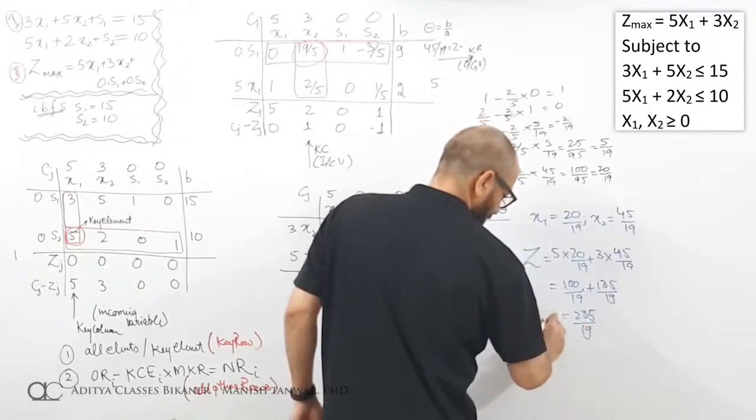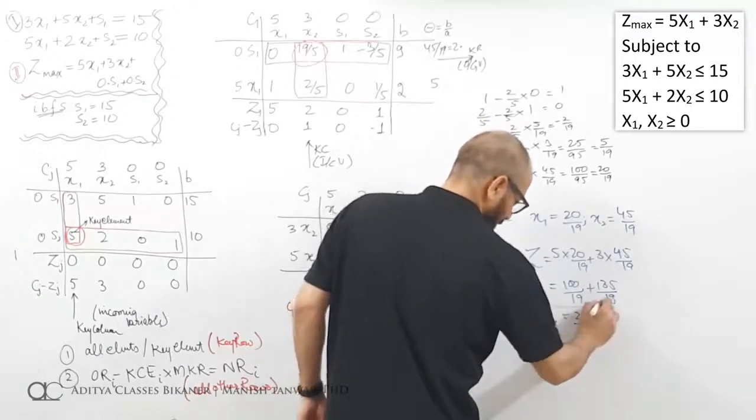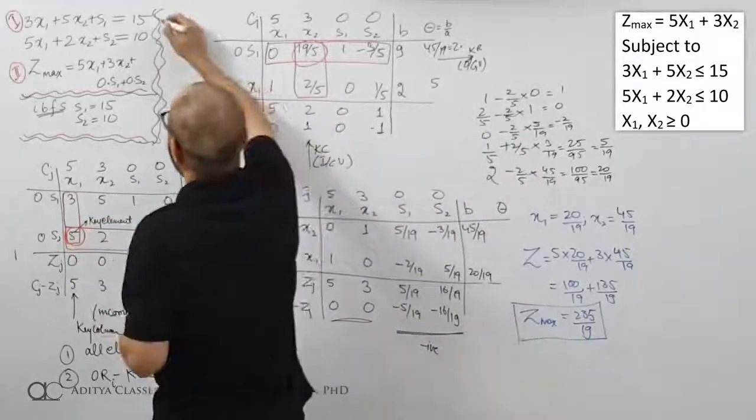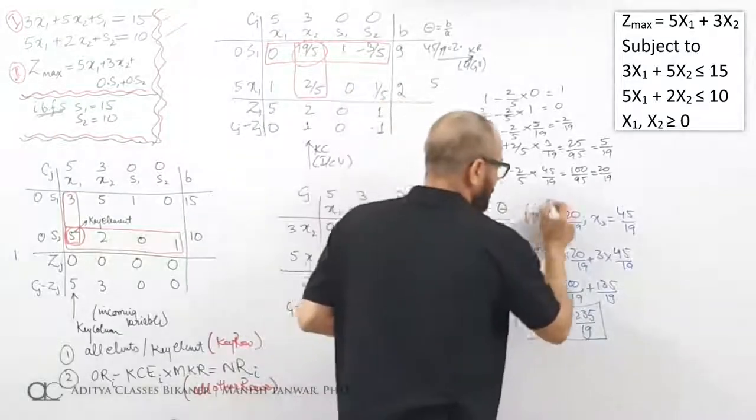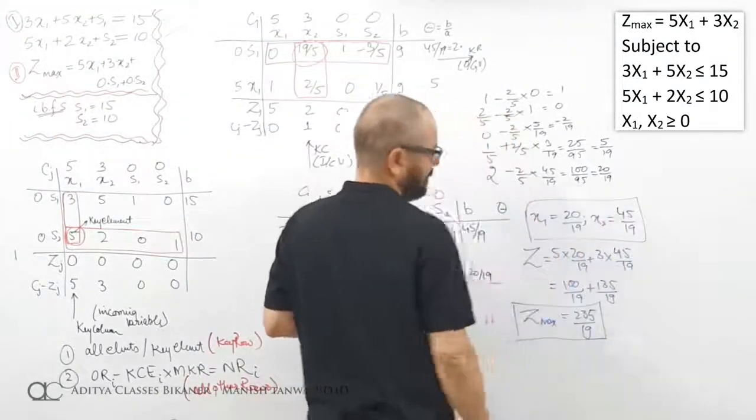This is the maximum value of z that you can get given these constraints with this combination of decision variables.